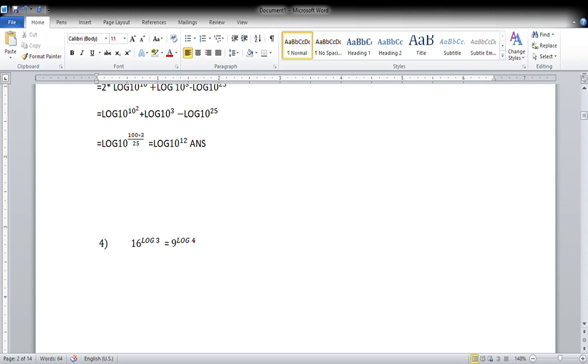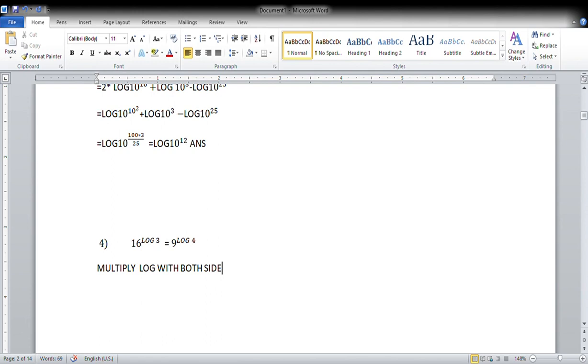So in that case you can multiply log on both sides, right? Multiply log with both sides.